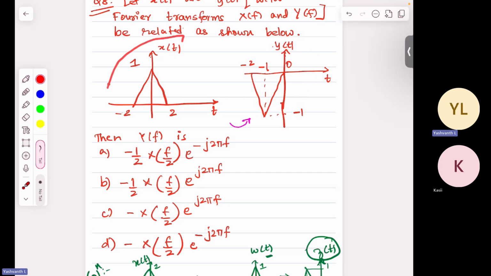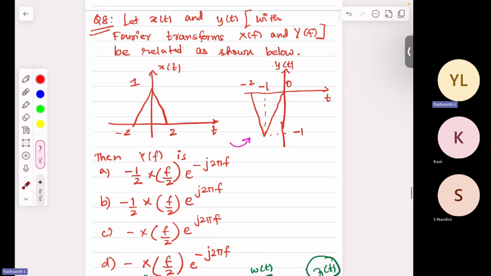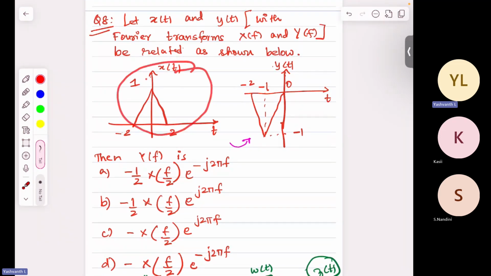What series of operations will you do on x of t so that you get y of t? If you know the sequence of operations, then use the properties of Fourier transform to derive the Fourier transform of y of f in terms of x of f. That is all you need to do.